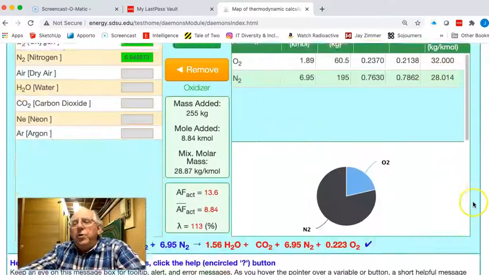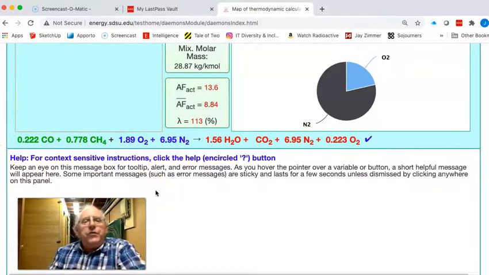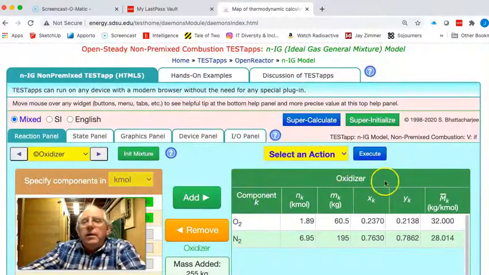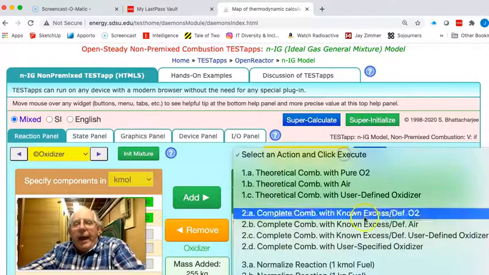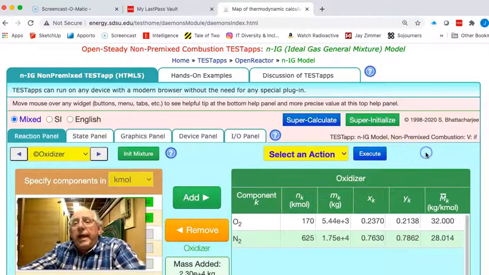And so upon doing that, you see what it's done. Anytime you do one of those actions, it likes to go back to 1 mole of fuel. But if I were to do the same thing we did before, to make this 778 turn into 70, I can go back and do a multiply by a factor, and I can use the same factor I had before, again on those two fuels, and execute.